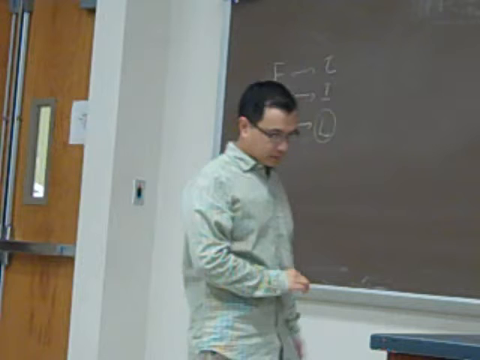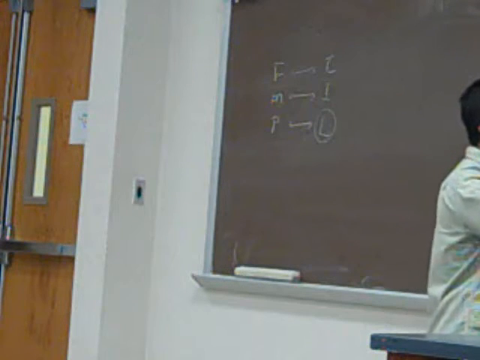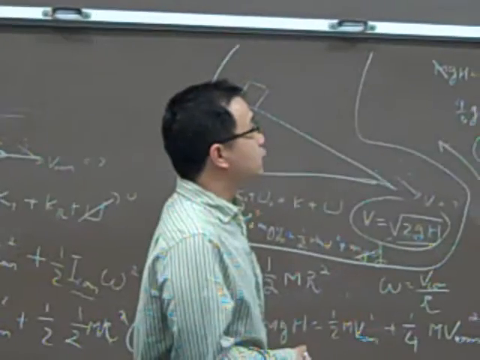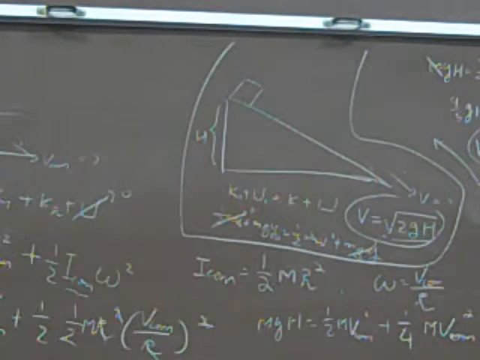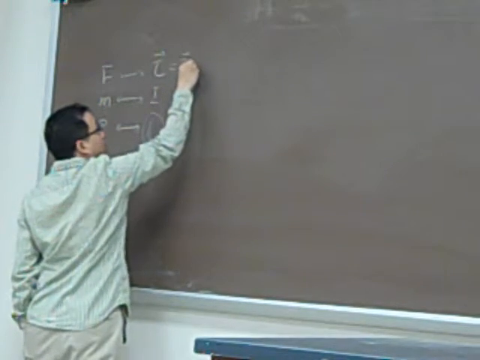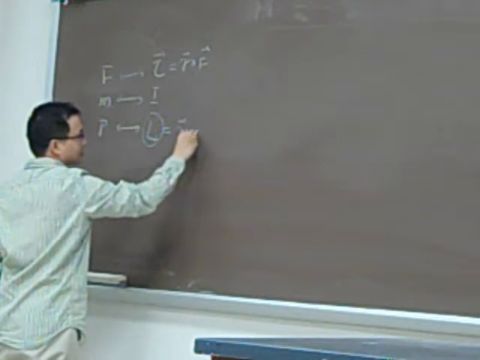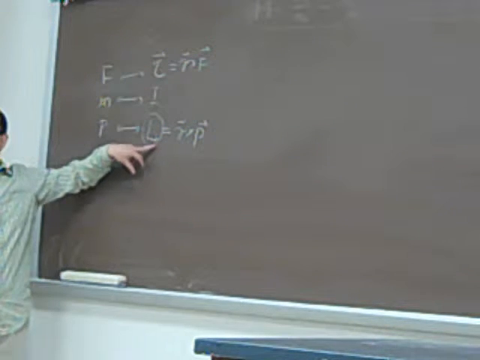Now let's look at the definition of the angular momentum. The general definition is L equals R cross P. So the meaning of the angular momentum involves the cross product, like torque equals R cross F, and this one equals R cross P. And again, you can see some pattern here, right?